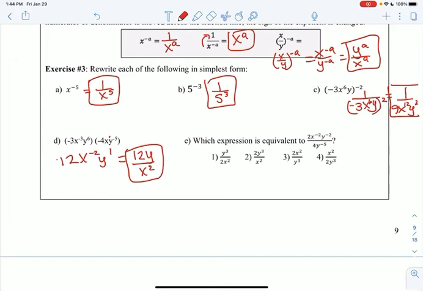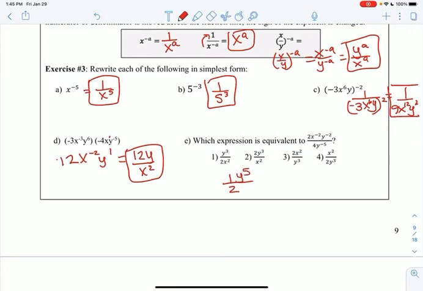And E, I want to know which expression is equivalent. So basically, I'm going to leave anything on top that is positive, although there isn't anything. Everything's negative. But the 2 is going to stay on top, and the 4 is going to stay on the bottom, but I'm going to have to move those exponents. So I can reduce the 2 over 4, because that just reduces to 1/2. All right? The y to the negative 5th on the bottom is going to come up to the top.